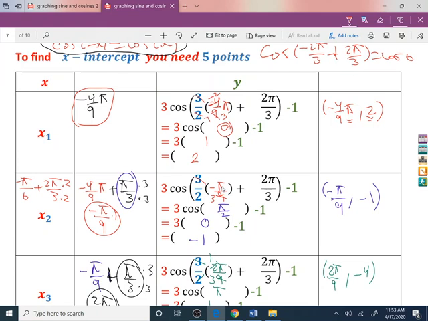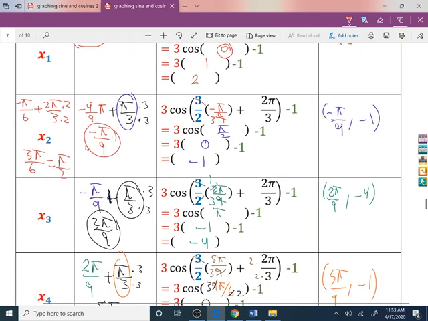Negative pi plus 4 pi, 3 pi over 6, which is pi over 2, which is what I have here, pi over 2. Cosine pi over 2 is 0, 3 times 0 is 0, minus 1 is negative 1. This is the second point you need to graph.